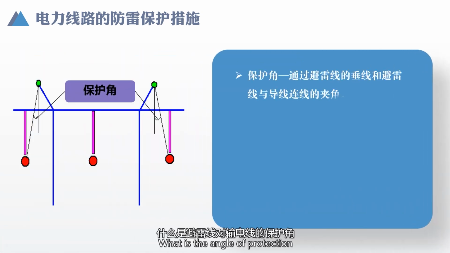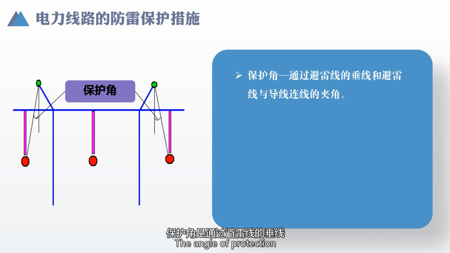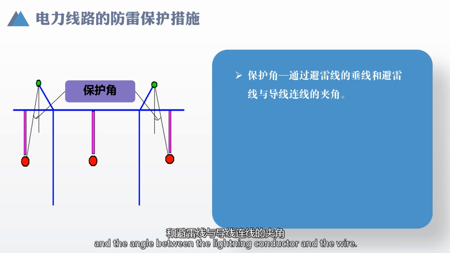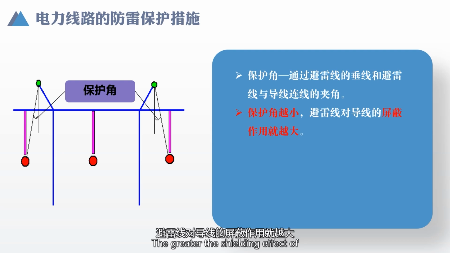What is the angle of protection of the lightning conductor on the transmission line? The actual lightning conductor has an overhang and will be deflected by the action of the wind. The angle of protection is the angle between the lightning conductor's plumb line and the line connecting the lightning conductor and the wire. The smaller the angle of protection, the greater the shielding effect of the lightning conductor on the wire.